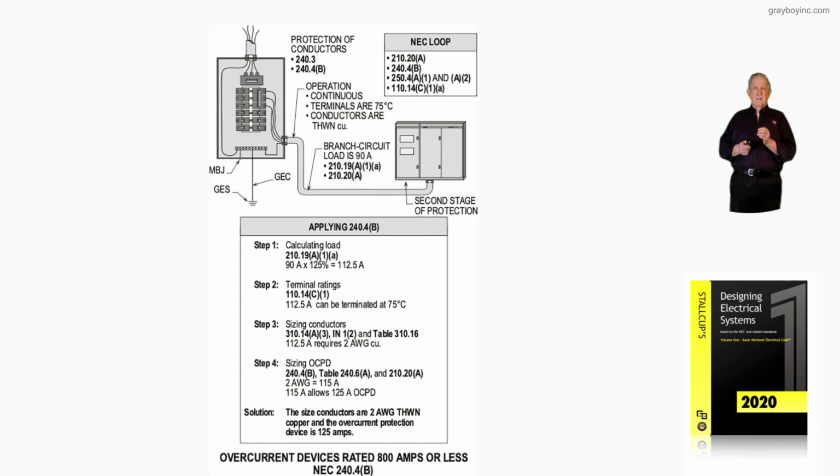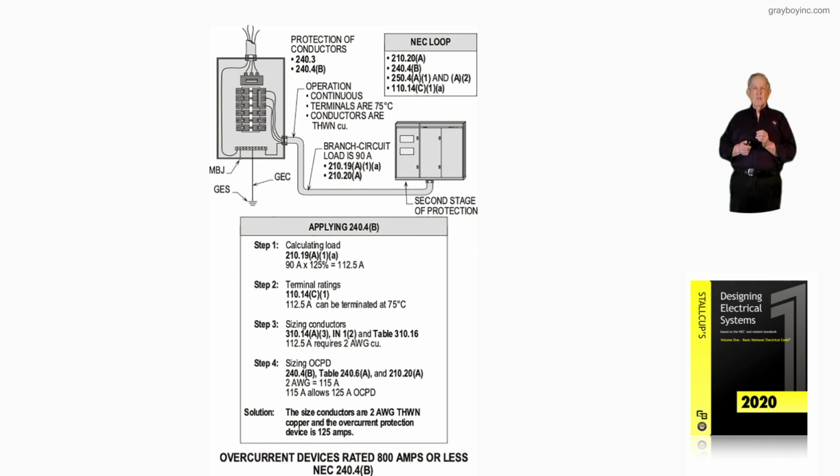And notice a number 2 conductor selected at 115 amps from Table 310.16 would very definitely supply the calculated load of 112.5, and the 125 amp overcurrent device is considered protecting connected load, calculated load, and the roundup size of the device.